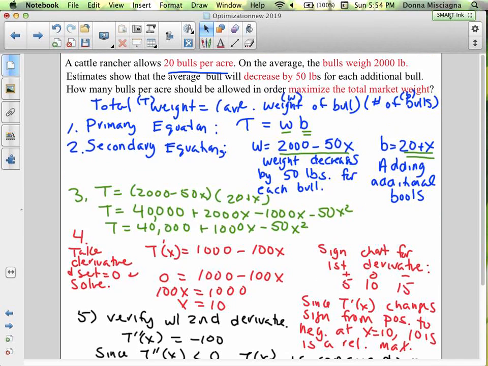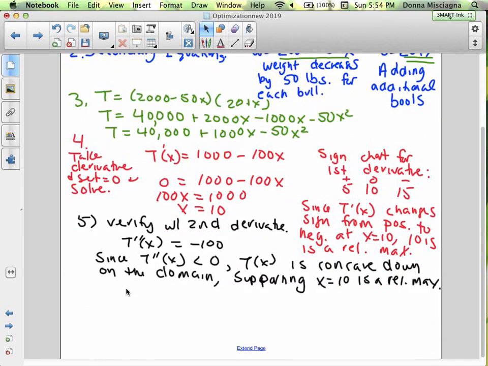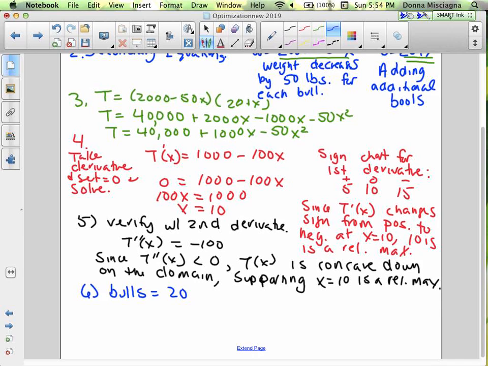Our last step is to answer the question. How many bulls per acre should be allowed in order to maximize the total weight? Do not tell me 10 bulls. That was not the maximum. That's not the amount we need, right? Remember that bulls equals 20 plus x.